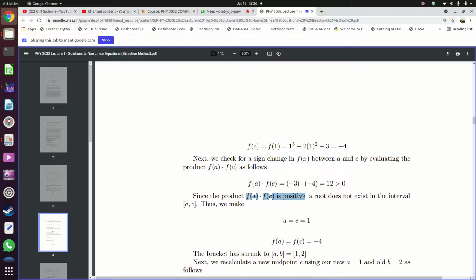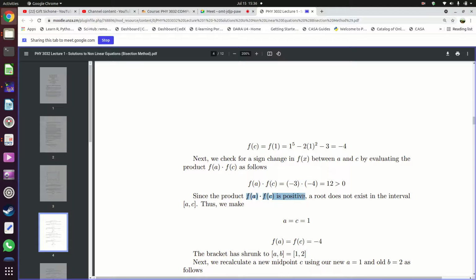Are we clear? Can you repeat that point again? I am saying that if there is no answer between A and C, remember AB is our bracket, and it's big. But if between A and C there is no answer, then we can move A so that A becomes C, because between A and C there's nothing there.